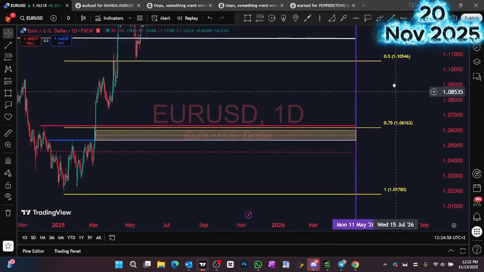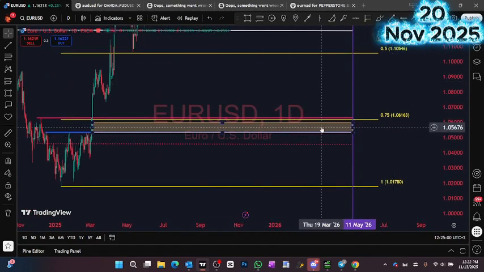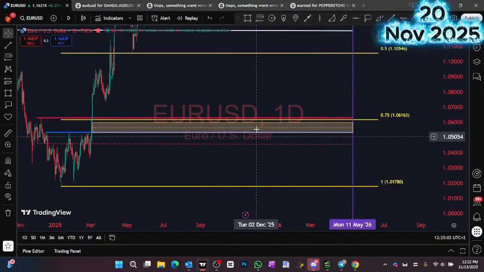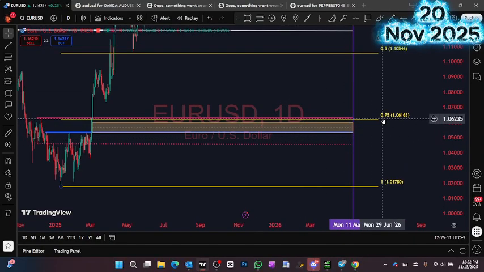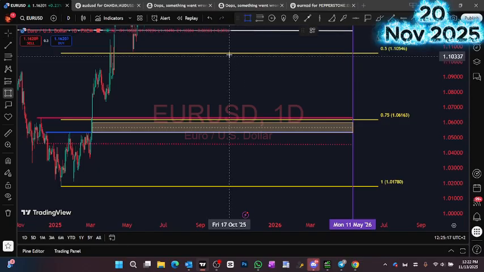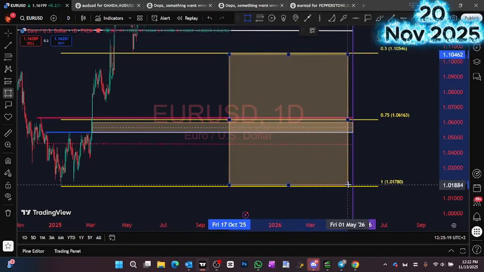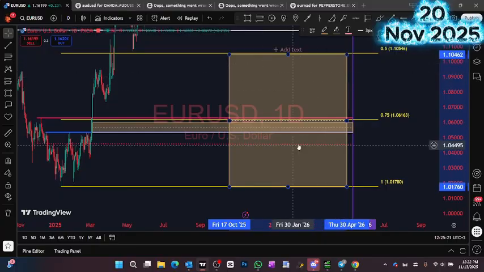And if you can see that fair value gap, it lies within the monthly bullish OP, and underneath the 75% of the discount. So it lies in the discounted area.